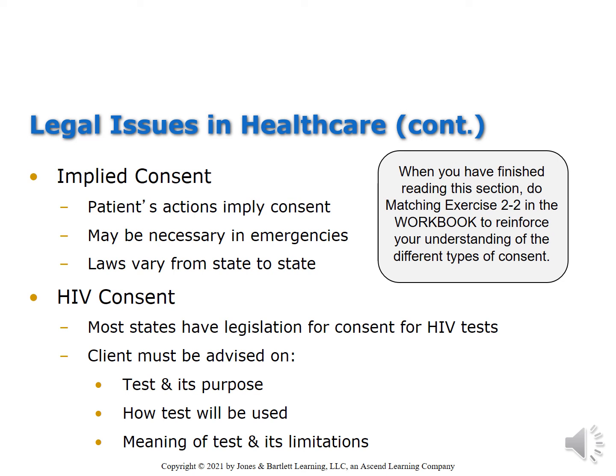The law acknowledges that that patient, if they were able to acknowledge you, if they were able to verbalize their wants, would agree to that procedure. Again, laws vary from state to state. Always check with your supervisor and your manager and your state guidelines as far as what is appropriate for implied consent and what is not.